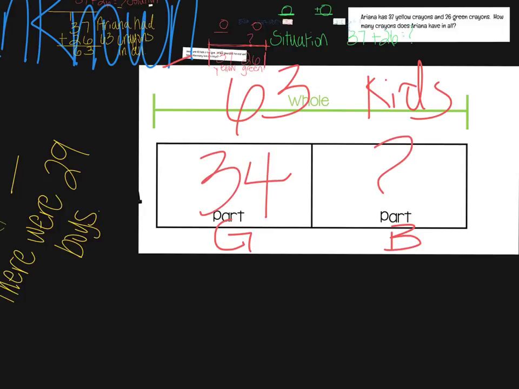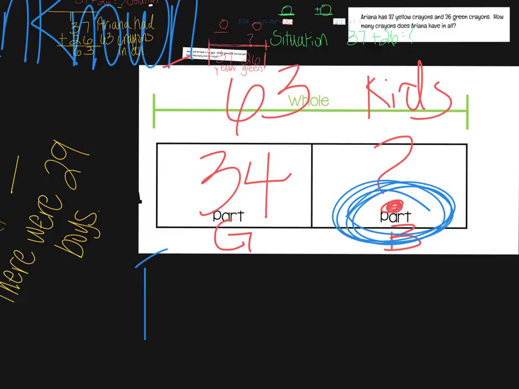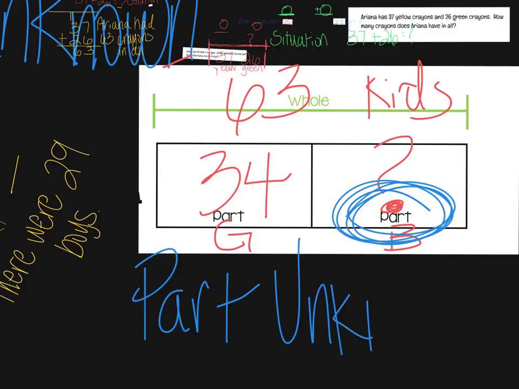And we were looking for our boys. So what was our unknown in this problem? Absolutely, it was the part unknown. That's why our question mark was there. This was a part unknown question. Excellent job.